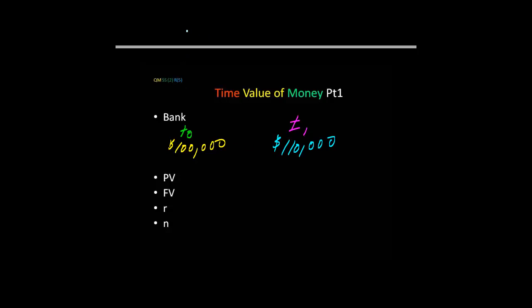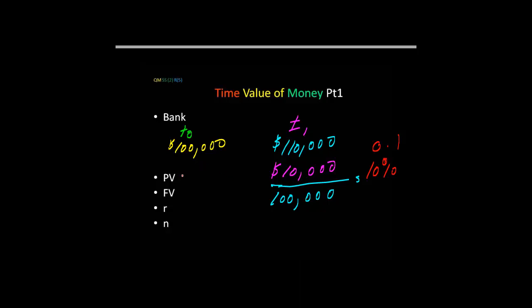So we're going to do the same thing. The increase that we had in our monies in the bank is $10,000. We started with $100,000, and that gave us an increase or some kind of a profit of 10%. This is 10%, it's 0.1, and 0.1 is 10%.